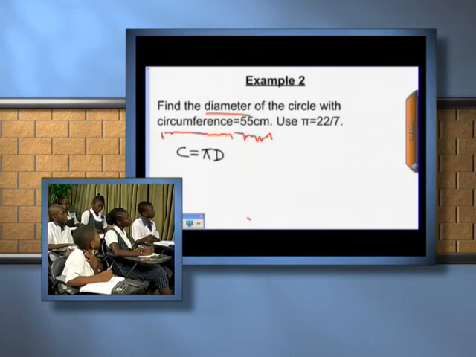Now, this is nicely laid out if we want to find the circumference, but now we want to find the diameter. So we can rearrange this equation a little. If we want to keep diameter by itself here, then we can divide by pi so that we cancel out the pi. These two go, and now we just have diameter by itself. But it's an equation.